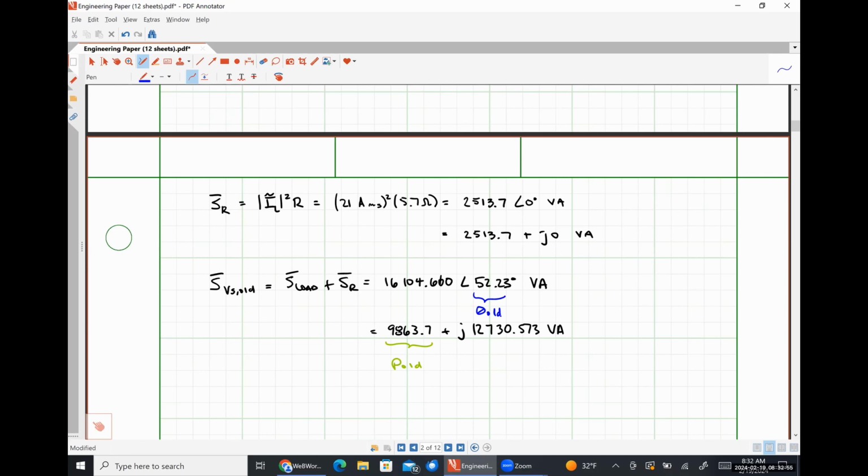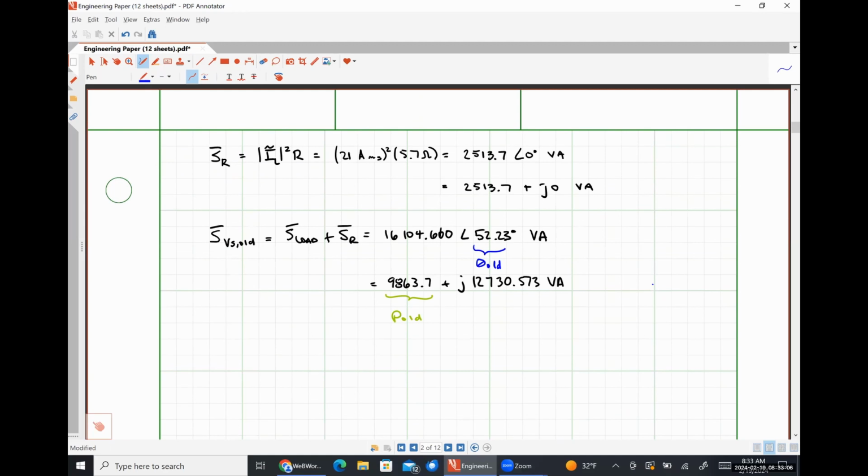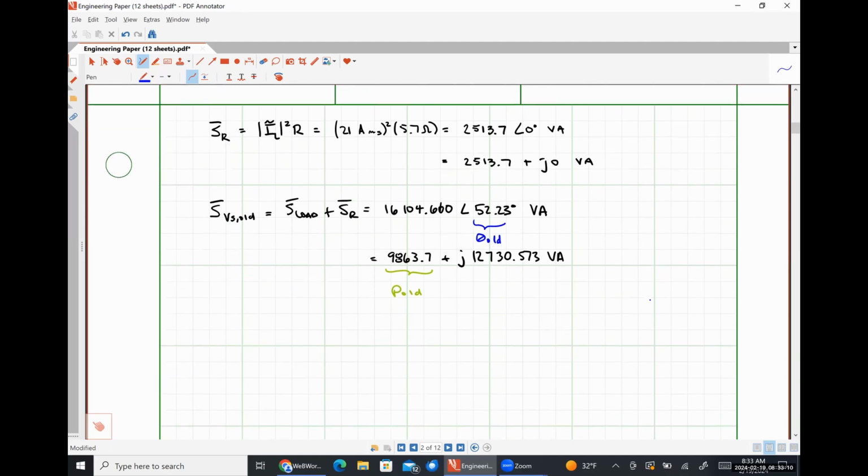So this is probably one of the tougher things to do. And realistically, it's not all that tough. We just kind of have to make an assumption. Actually, we don't even have to make an assumption.